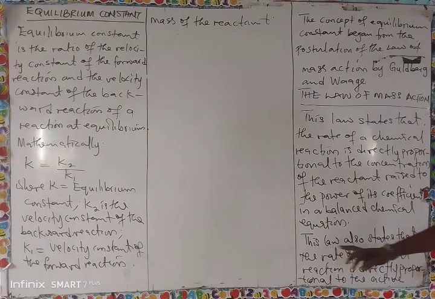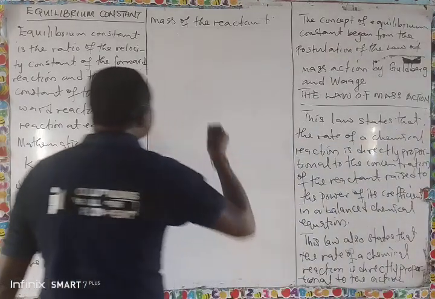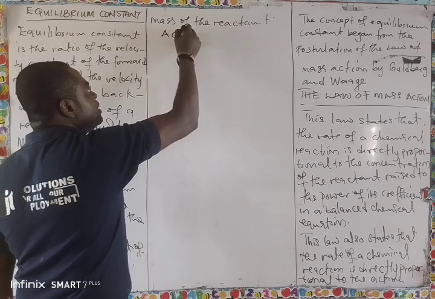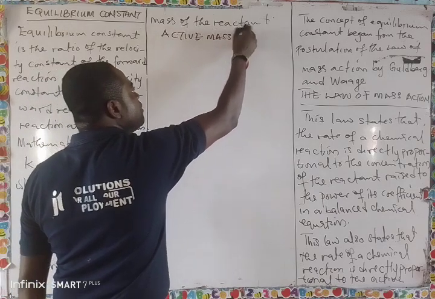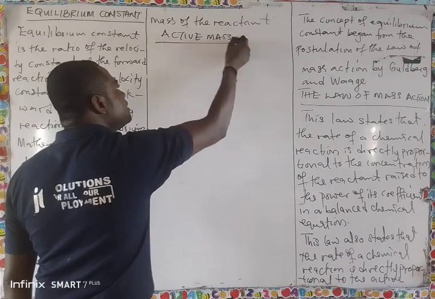Then the law also states that the rate of a chemical reaction is directly proportional to the active mass of the reactant. What is active mass?